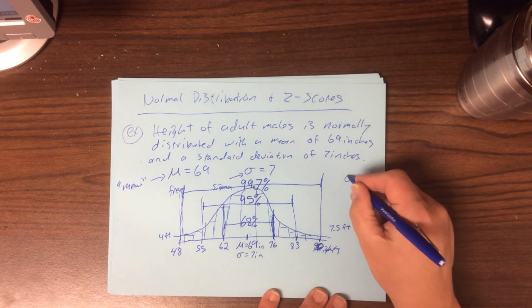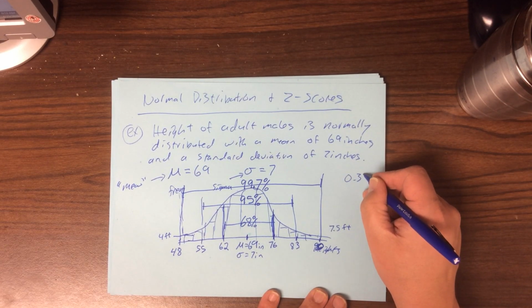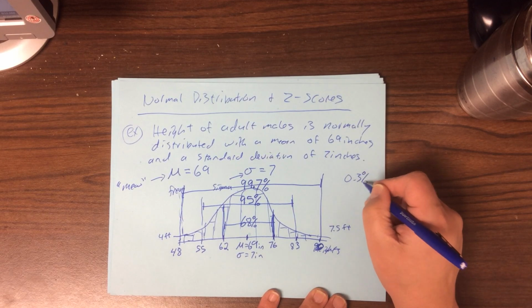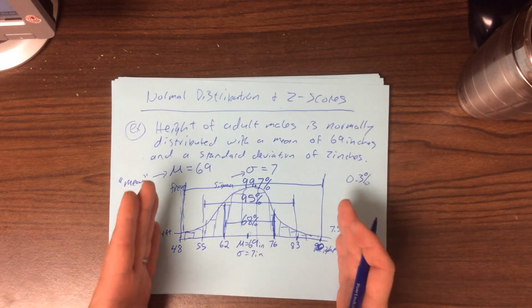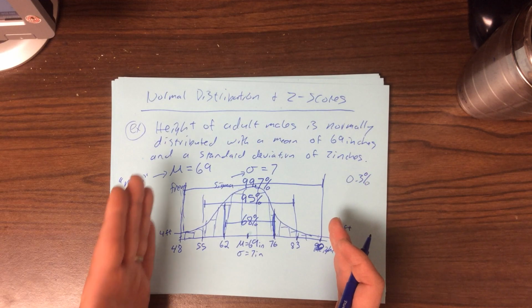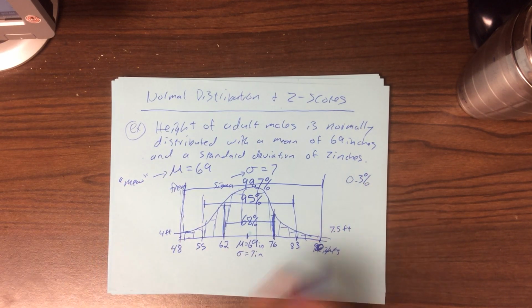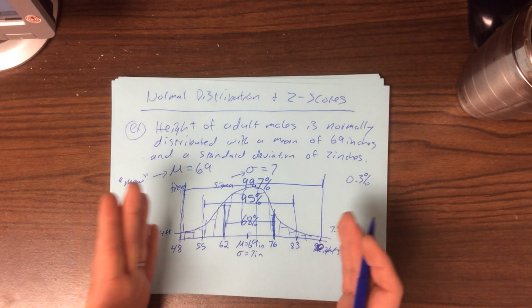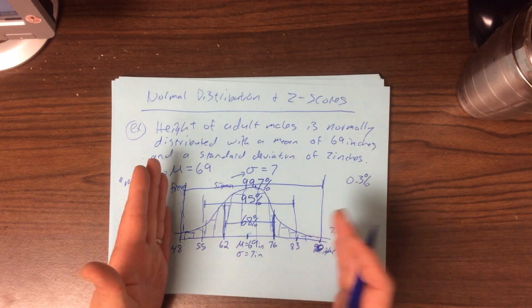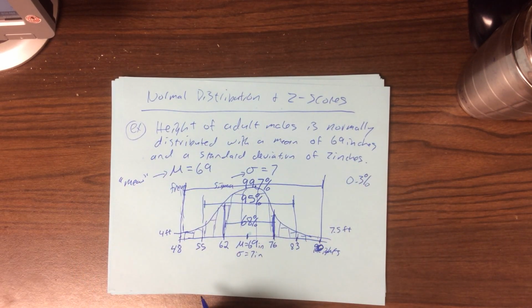So that means only 0.3 of 1% lie outside of that. So only 0.3 of 1% would be less than 4 feet or more than 7.5 feet. And 0.3 of 1%, that'd be like 3 out of 1,000. You'd have to pick 1,000 people before you find someone that's that short or that tall. So that actually makes pretty good sense.